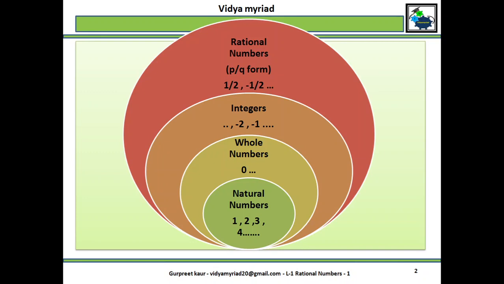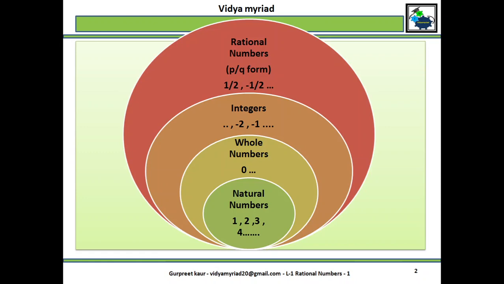Your whole numbers start from 0. Your integers have both positive and negative numbers, inclusive of zero, and your rational numbers are written in fraction form or p upon q form. Here, if you see, it is integers also, whole numbers also, natural numbers also.